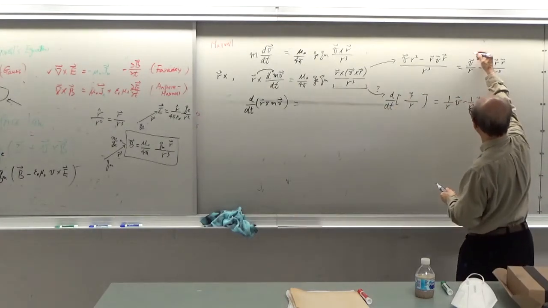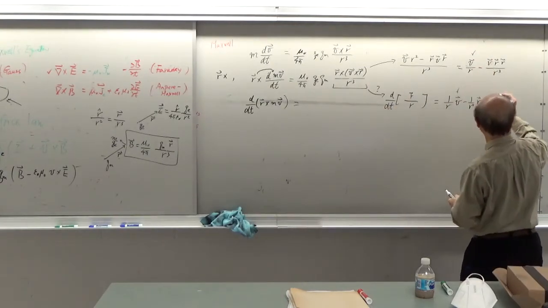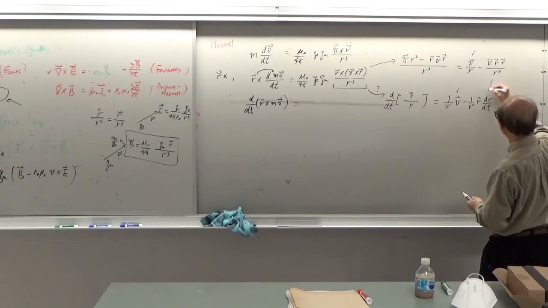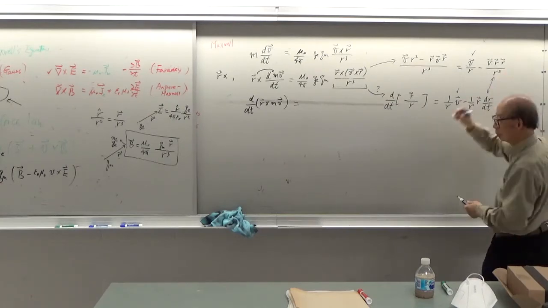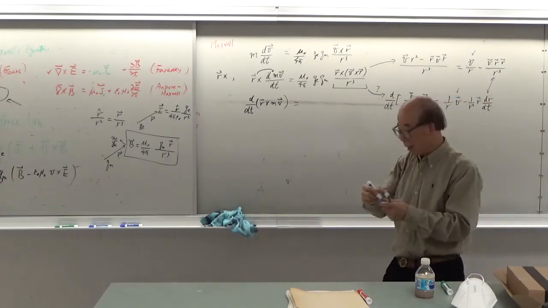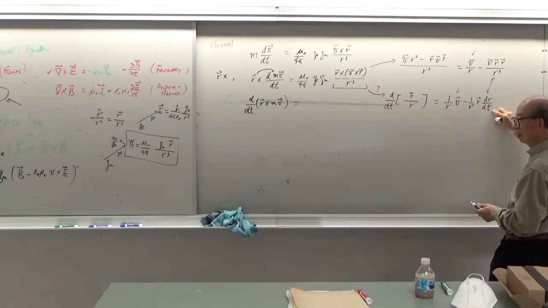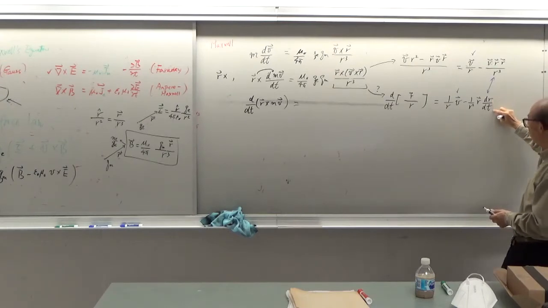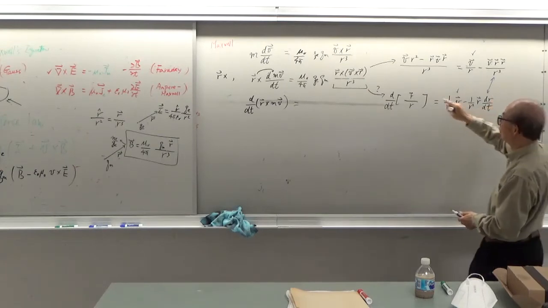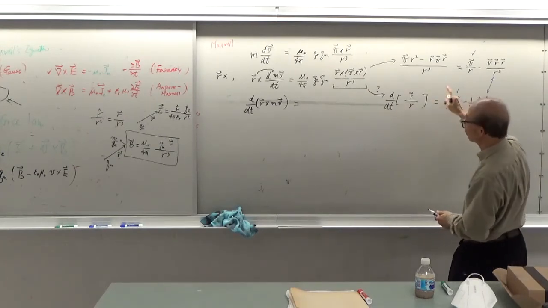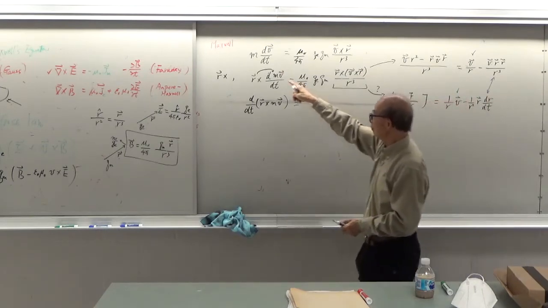This term is this term. It's good. What about, is this term equal to that term? That's the question. And to do that, we have to know what dr/dt is. Notice that it's d of the magnitude of r by dt, not d of vector r. If it's d vector r by dt, of course, that would be velocity. But it's not.